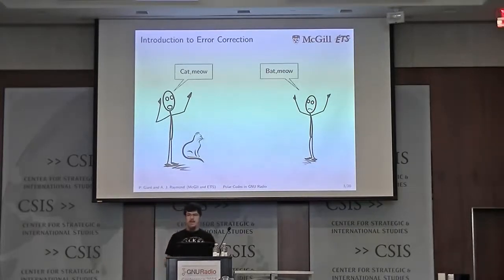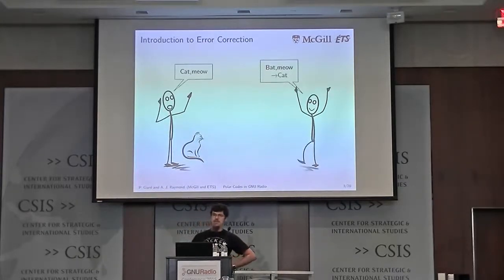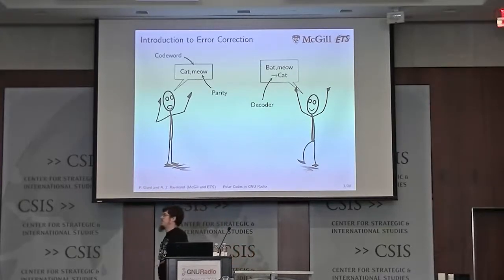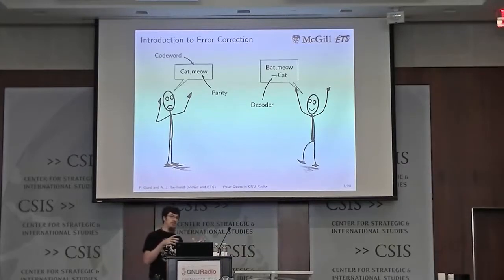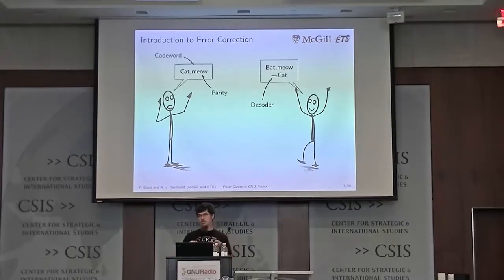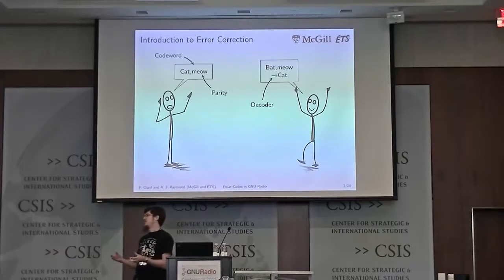The other guy receives bat and meow, so he figures out, oh, he must be talking about the cat. In error correction parlance, the redundancy that we added we call the parity. The information we wanted to transmit and the parity together we call a code word. On the receiving end, the device that takes the code word as an input and detects and corrects the errors we call a decoder.